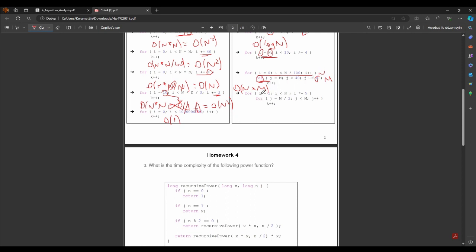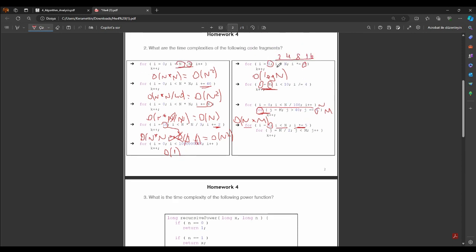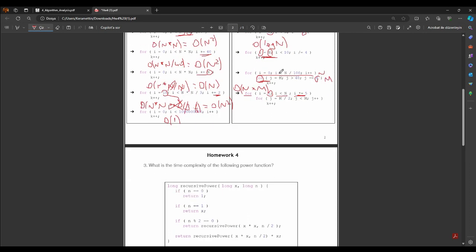In this example, let's check the first loop here. It starts with 1 and it goes until n, and it's increasing 5 times here. In this example, as you see, we said that it is a logarithmic function, logarithm n.